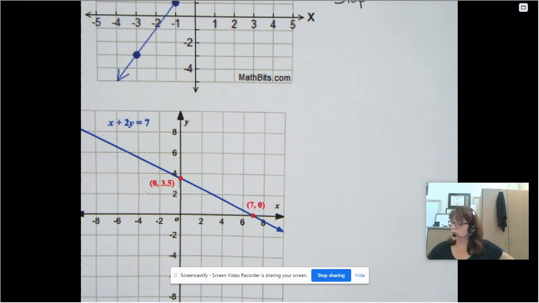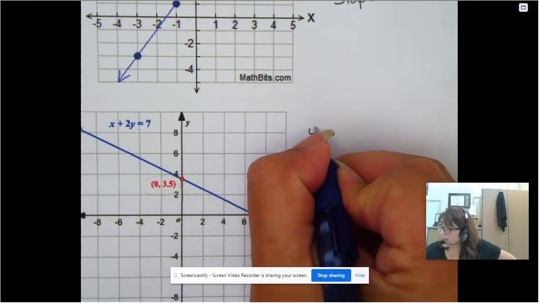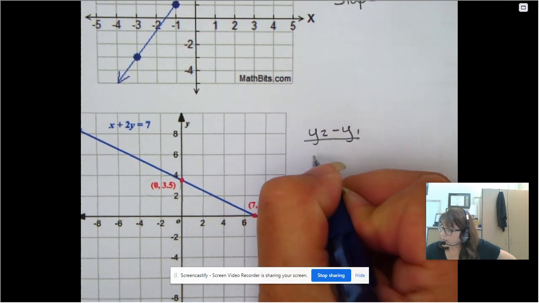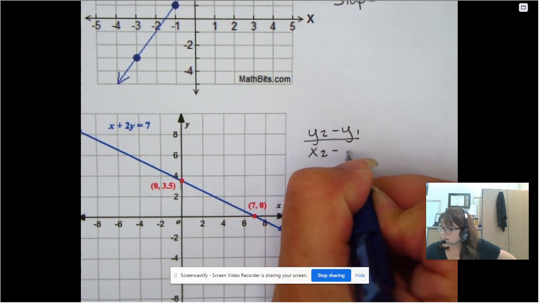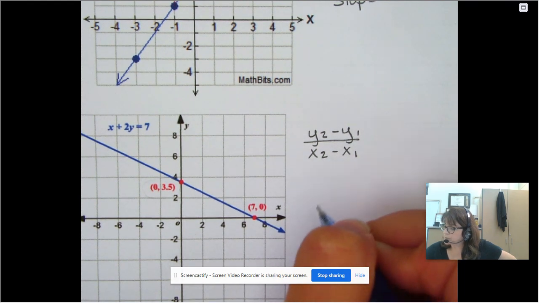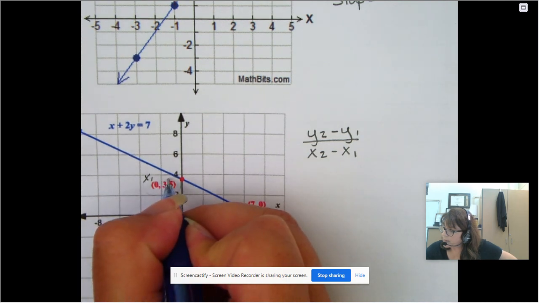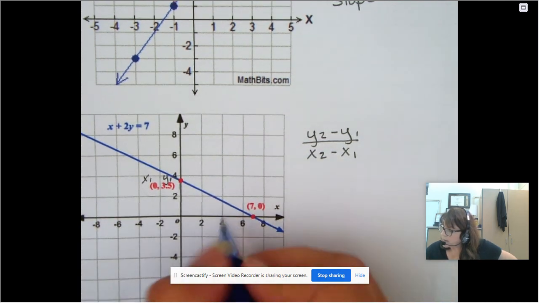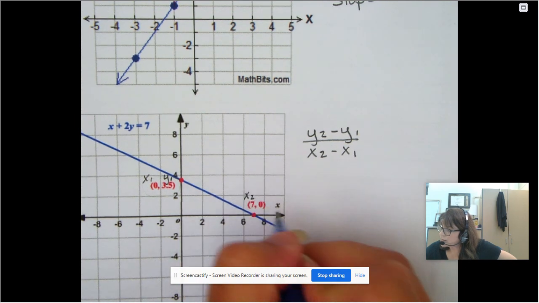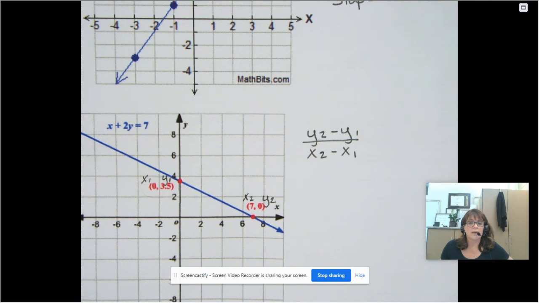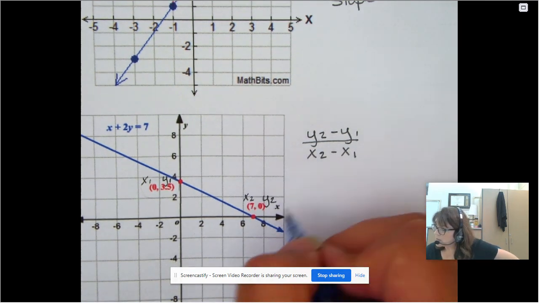to find the slope. So if the formula is y2 minus y1 over x2 minus x1, and I made this x1 and this y1 and this x2 and this y2. Notice I just took the coordinates right off of the graph. Well, then I can put in the numbers.